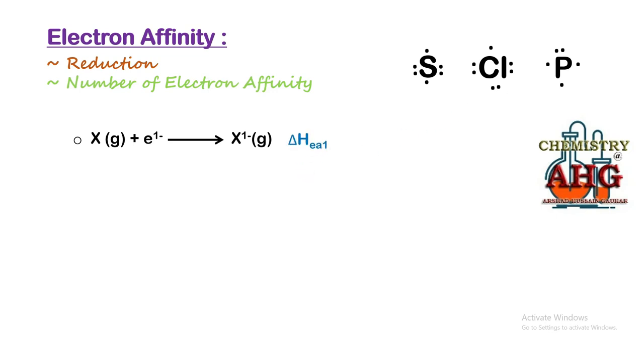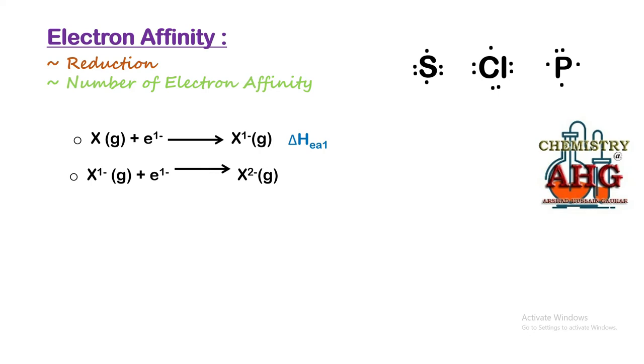Now based on this information, I'm sure that you people have become able to write down an equation for the second electron affinity. What you will have to do, from where you will start for the second electron affinity, X1 minus, and after gaining 1 mole of electron, X uninegative ion must have become X dinegative ion.